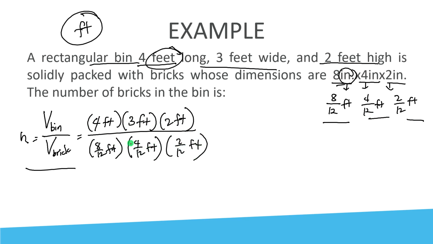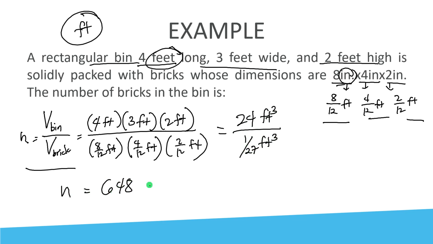Okay, so we can directly solve that. The volume for the bin is 24 cubic feet. For the brick, when we compute that, we have 1 over 27 cubic feet. So dividing that, we will have 648. So that's the number of bricks for this rectangular bin.